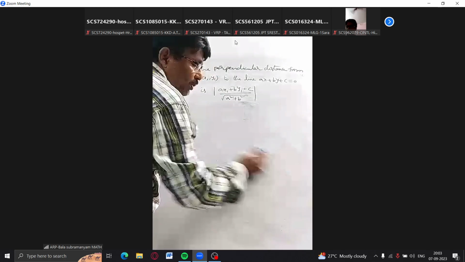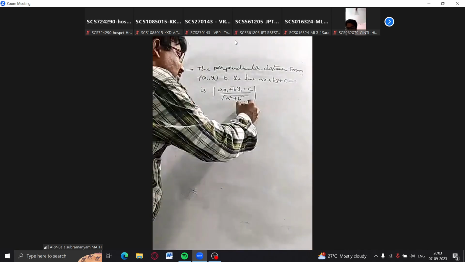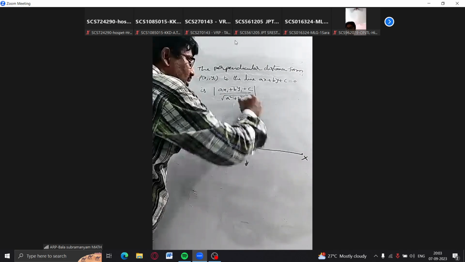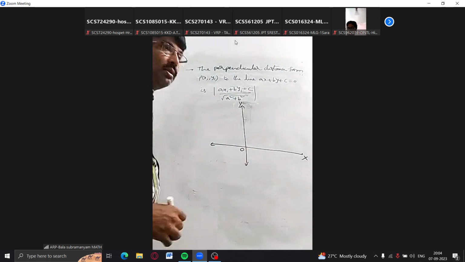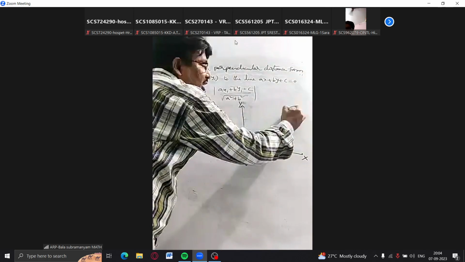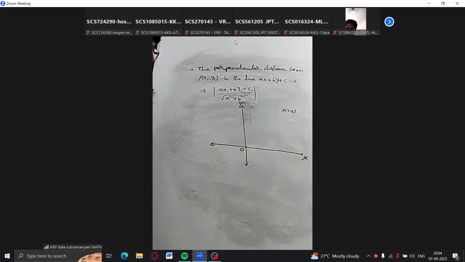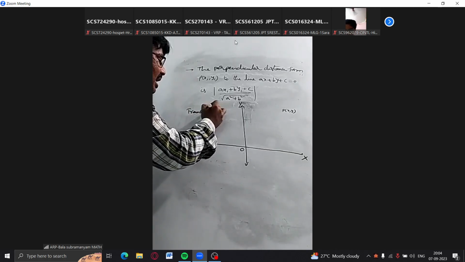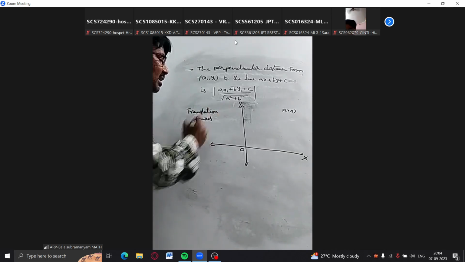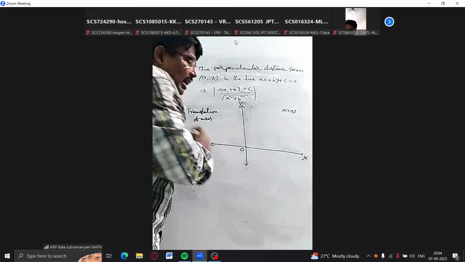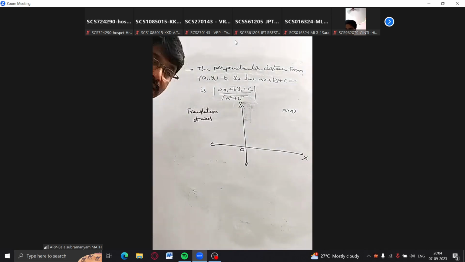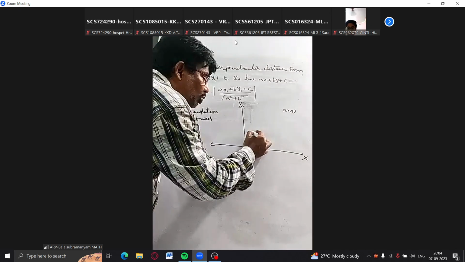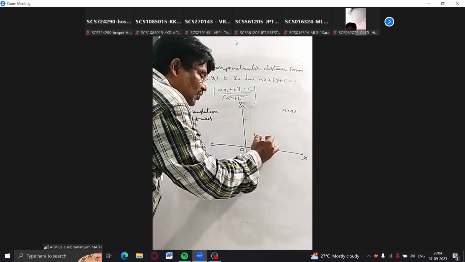In the first class, we discussed translation of axis. This is the coordinate system: x-axis, y-axis, origin. In this system, P is taken as small x comma y. Translation of axis means the directions of the x-axis and y-axis do not change, but the origin is shifted to another point. Here the origin is shifted to a new point O dash, taken as x1 comma y1.